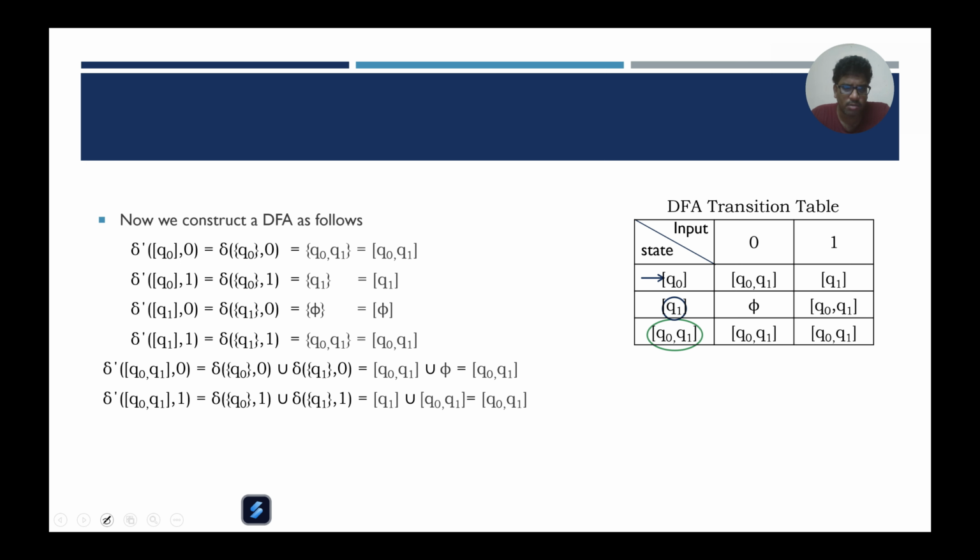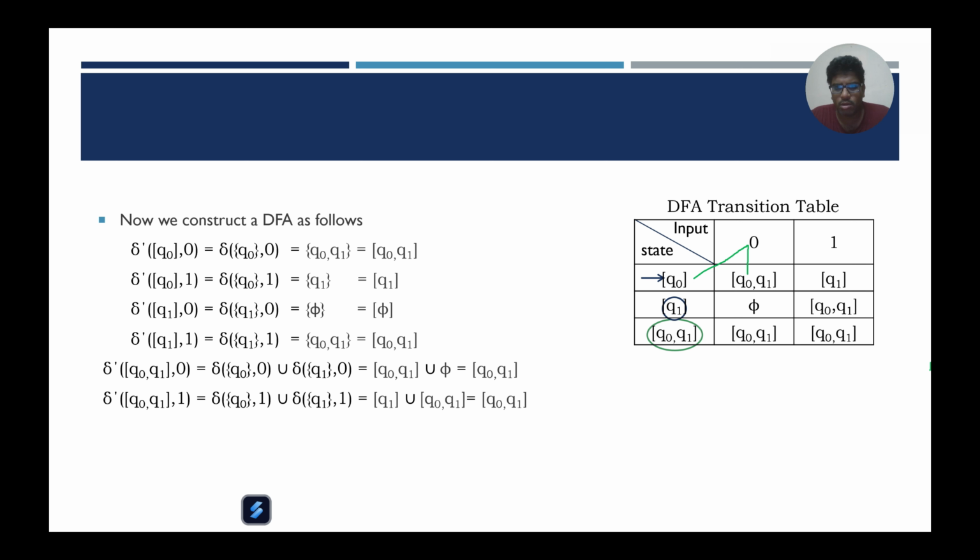Next is Q0, Q1 on 0. We write the delta of Q0 comma 0 union delta of Q1 comma 0. We can observe that Q0 on 0 we are moving to the state Q0, Q1.